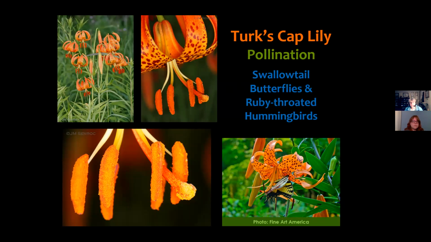So by forcing those insects or the hummingbirds to get way down into this end, it allows the pollen you see here to get onto their bodies. And here's that stamen with some pollen already out at the end. So we know that for Turk's cap lily and other lilies like that, the swallowtail butterflies and the ruby-throated hummingbirds are the major pollinators for this plant. It's all about the geography of where everything is located on the plant.